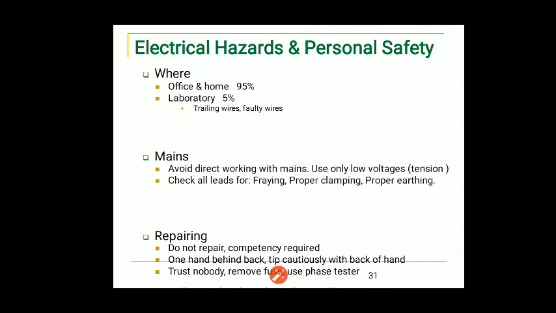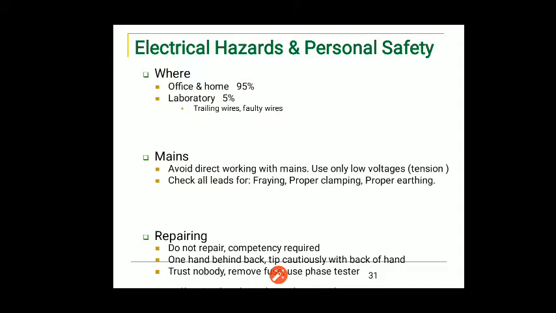Next, repairing and maintenance. Do not repair unless you have the required competency. Keep one hand behind your back and touch cautiously with the back of the hand. Trust nobody. Remove the fuse and use a phase tester.